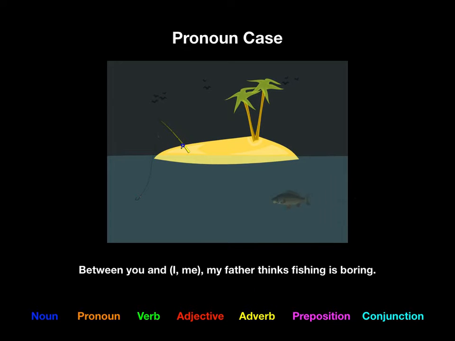Between you and I or me, my father thinks fishing is boring. When we are examining this sentence, it is a little more difficult to ascertain whether I or me is correct. Within this example, which would you choose? The correct answer for this sentence is me. Between you and me, my father thinks fishing is boring.